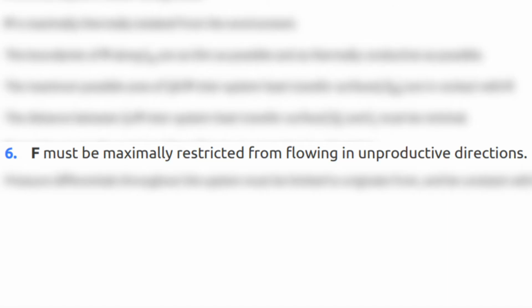6, F must be maximally restricted from flowing in unproductive directions. The classic example that I like to use for this one is, let's say you have a solar collector. During the day, it's collecting lots of heat, and then at nighttime, it's not. But let's say you drain all the liquid out of the collector, and again, this comes back to it being an integratable system, not an integrated system.